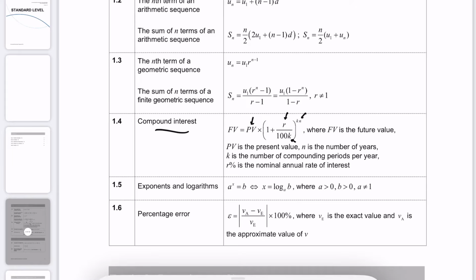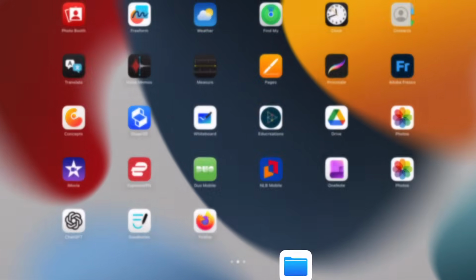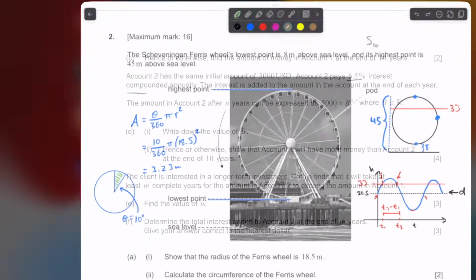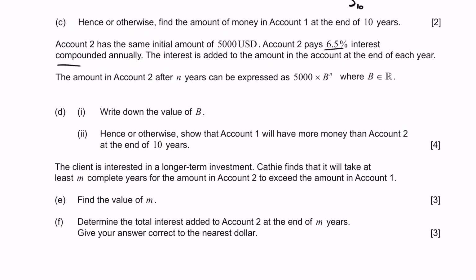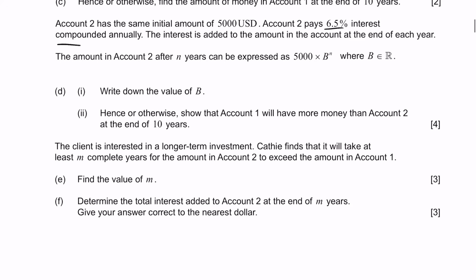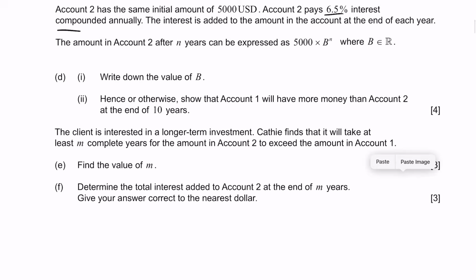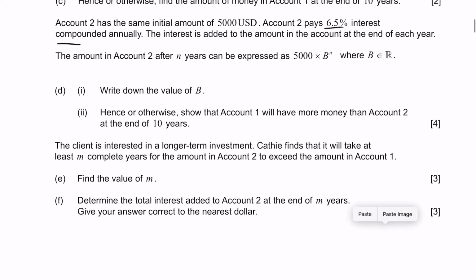I think the question is essentially, what is all of this business within these brackets here? What is this thing that we are raising to the power of n? And that's going to be what b is in this situation. That's going to be this thing right here. So let's write out the compound interest formula, fill it in, and then we'll try to match b.